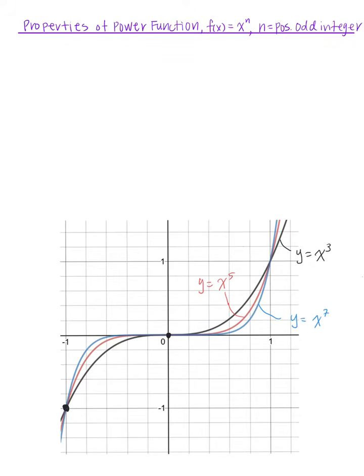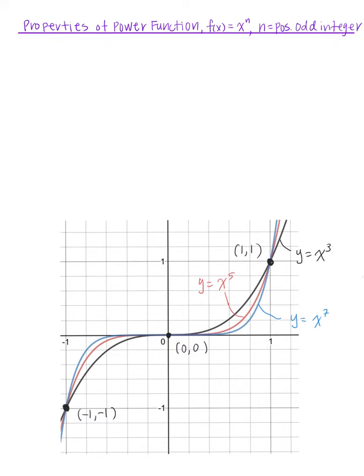Hopefully you can see that. And then (1, 1). So let me just write it: (0, 0), (-1, -1), and this point is (1, 1). And again, although the graph looks like it's touching the entire x-axis in this interval here, it is not. The only point of intersection is at (0, 0).